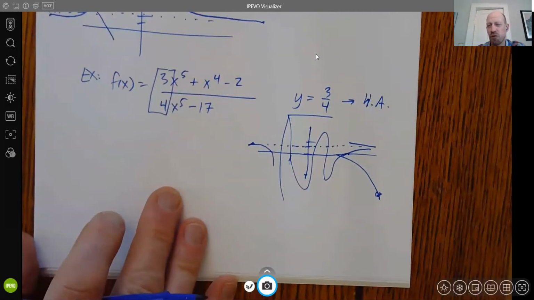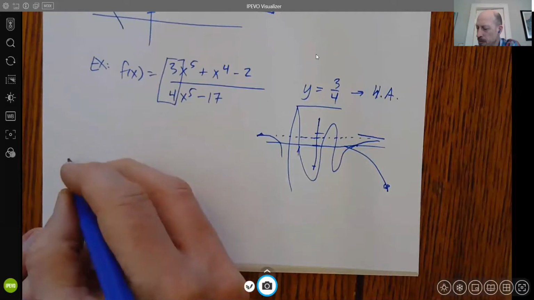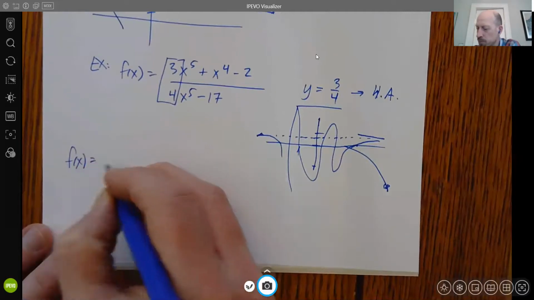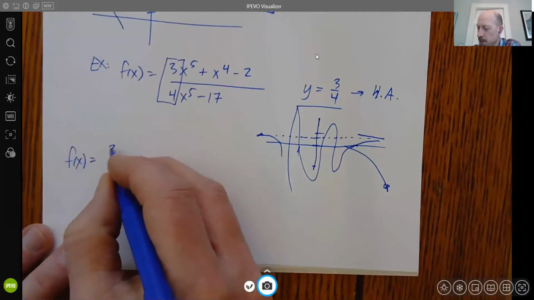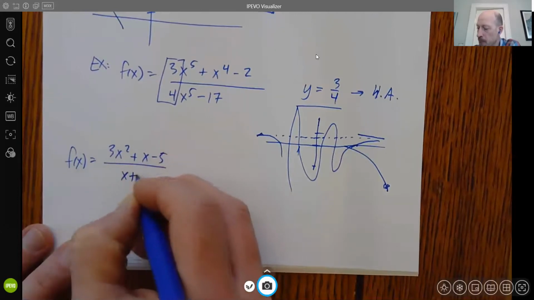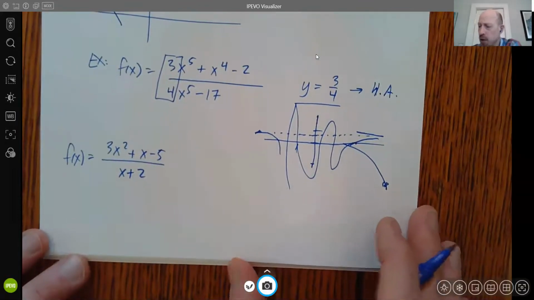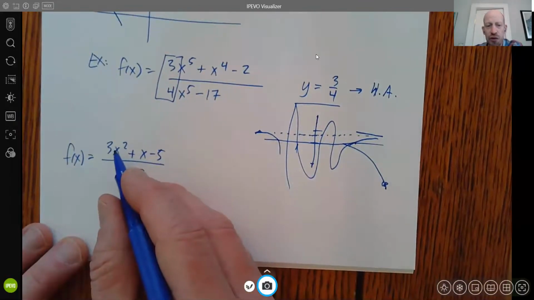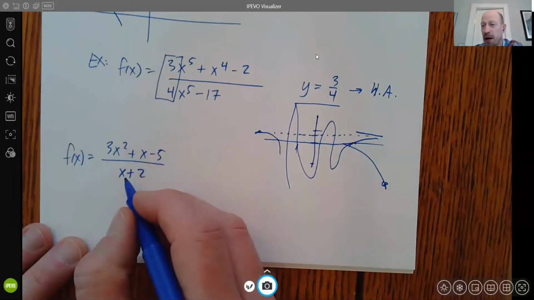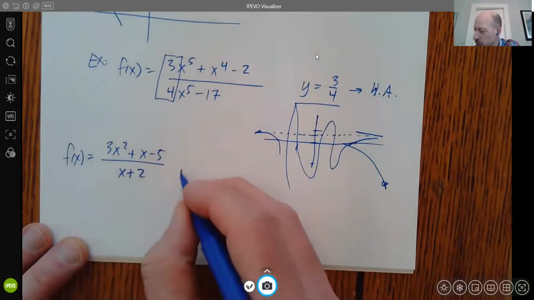Okay, there's sort of two other cases here. In this case, the numerator is larger by 1, right? x squared and x.